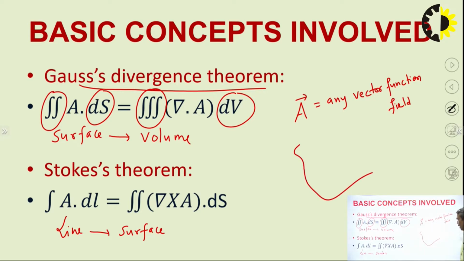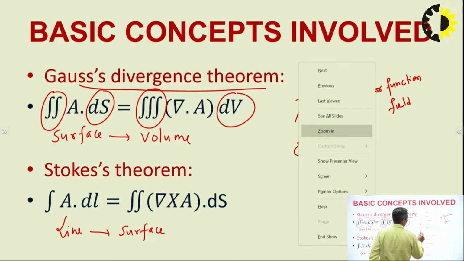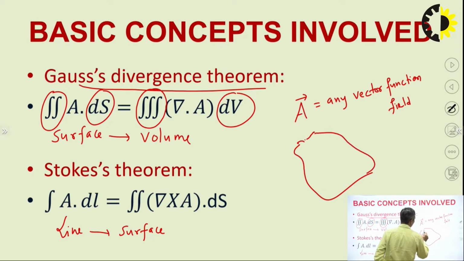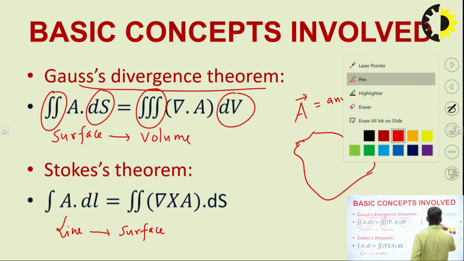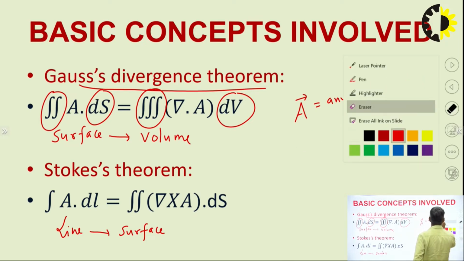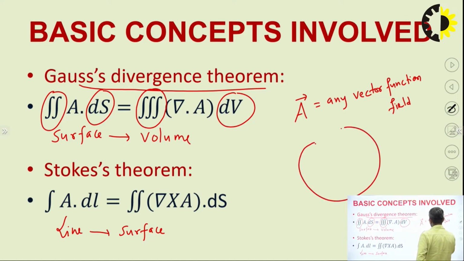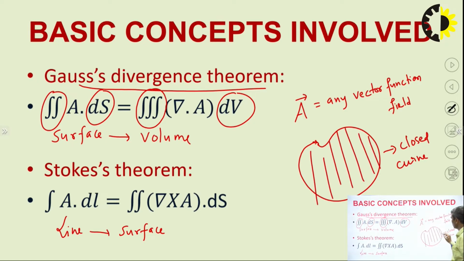This line cannot be related to any surface, but if we close this line, if you draw a closed line, this closed line or closed curve can be related to a unique surface S. So, the line must be closed.